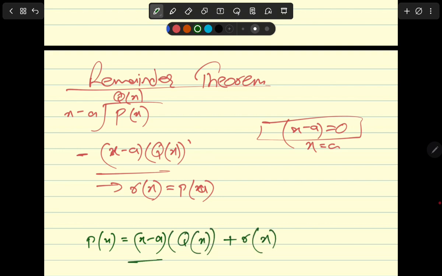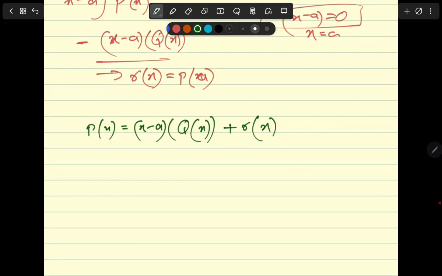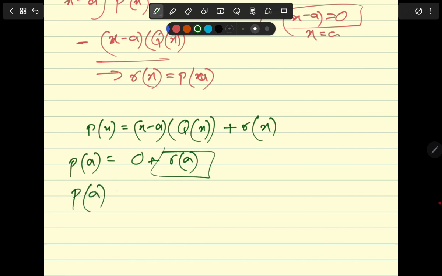If this becomes 0, which happens when you take x as a, then p of a is going to be a minus a, which is 0, times the quotient, plus the remainder. So this remainder is nothing but p of a.